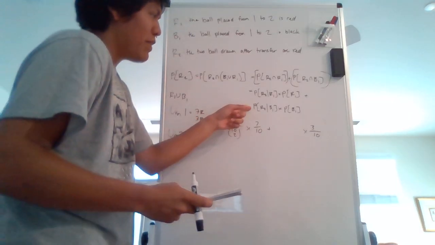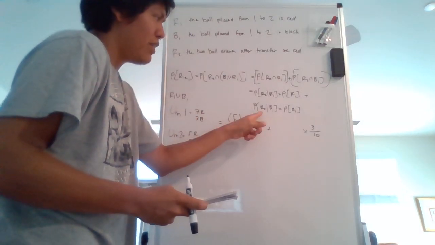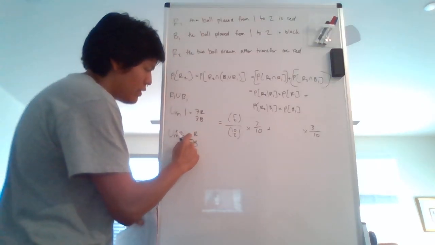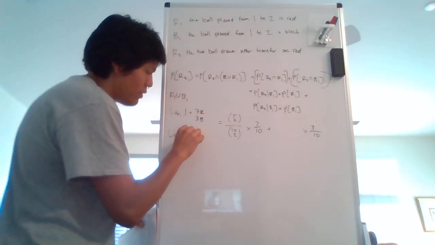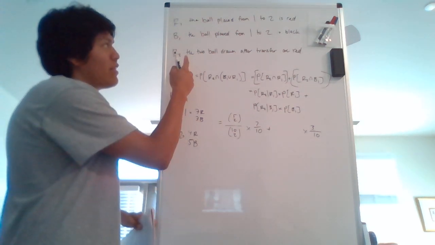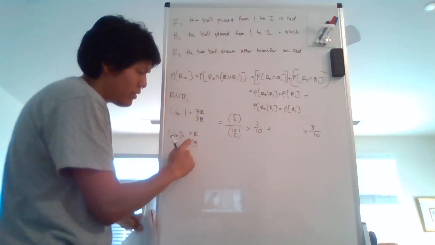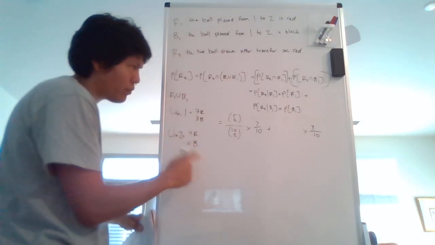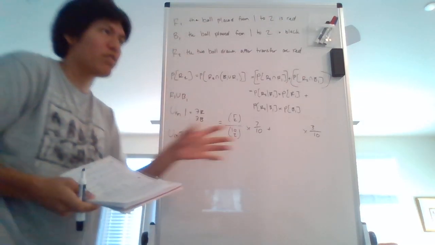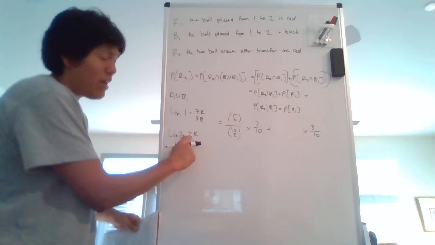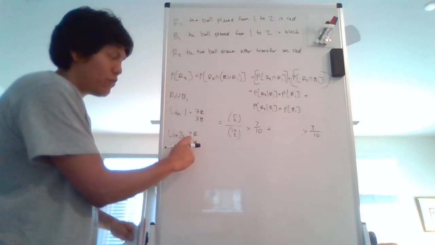Now we're going to do the same thing over here. R2 given B1. So, we're back to normal over here. Let's say that they transferred a black ball over. So now we have 6 black balls instead of 5. But we're still choosing 2 red balls. Now we have 4 red balls to choose from.